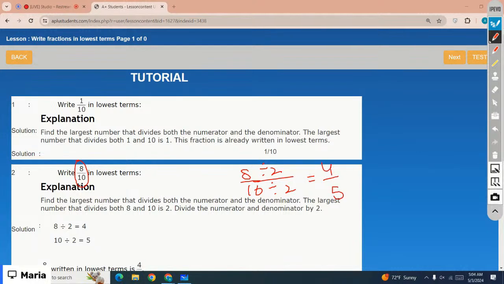So the number in the simplified form is 4 over 5, right? The correct option is 4 over 5.